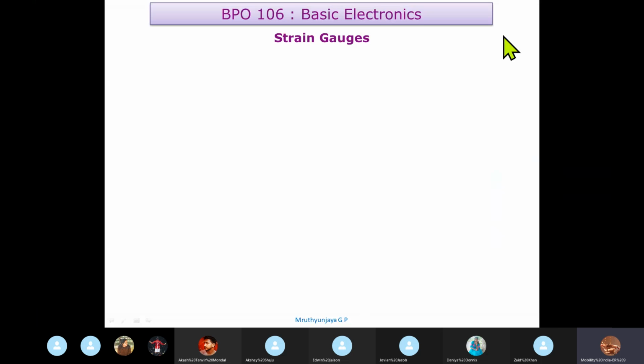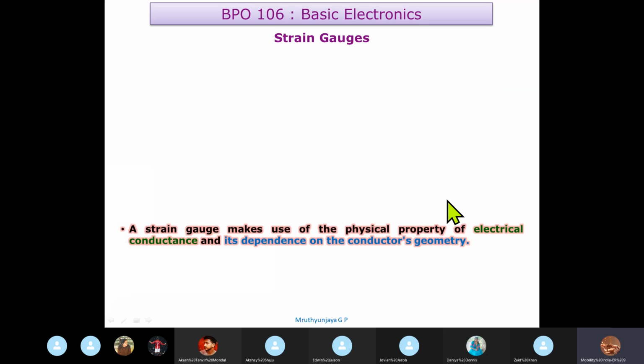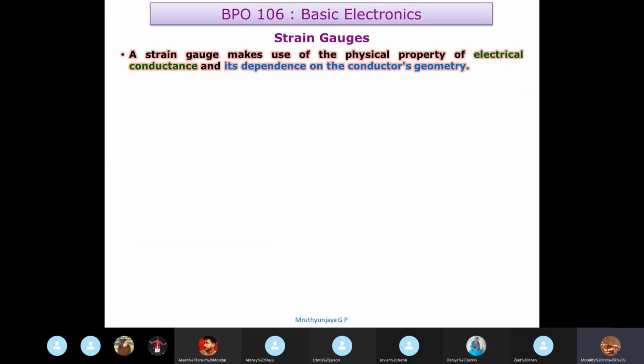The next one is a very interesting and important topic also, a widely used application: the strain gauge. What is it? It is a gauge which makes use of the physical property of electrical conductance, and it depends on the conductor's geometry.